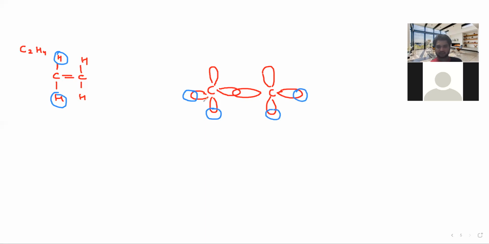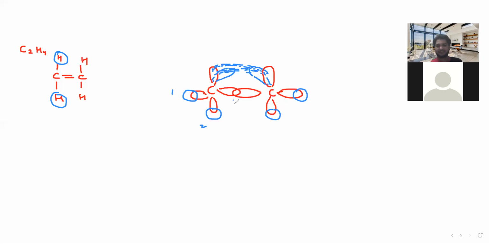But this carbon has only three overlappings, and there must be four because carbon makes four bonds. Then this orbital will try to make overlapping with this, so it will shift like this. So now four overlappings are done.